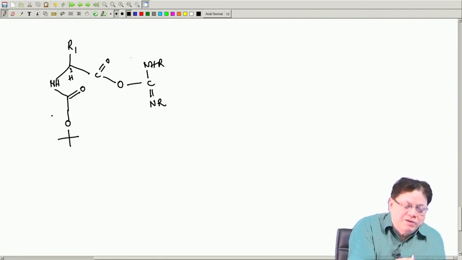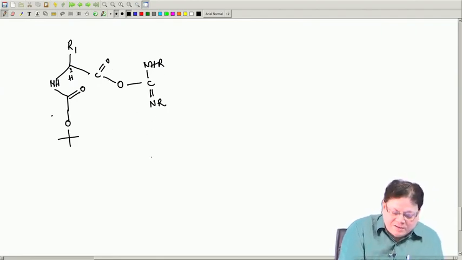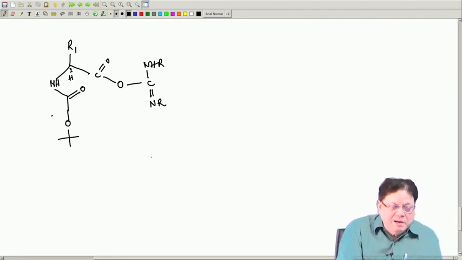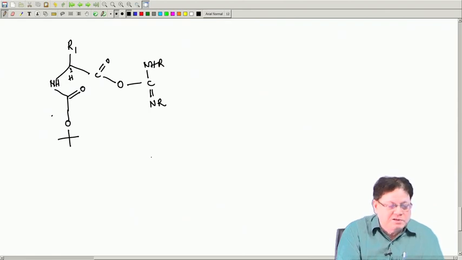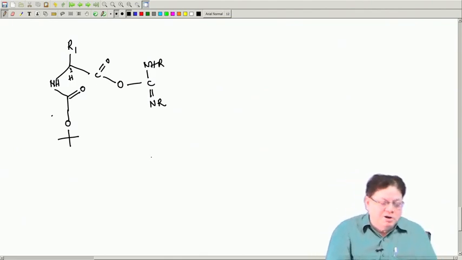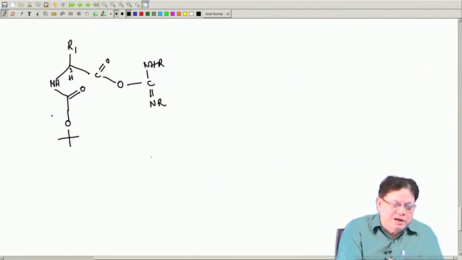But this is also quite reactive, though unlike the acid chloride, it is not so reactive. You want less than 0.1% of racemization, that means virtually no racemization, because ultimately these peptides you are making for biological study. So, you have to ensure that your molecule is optically pure.